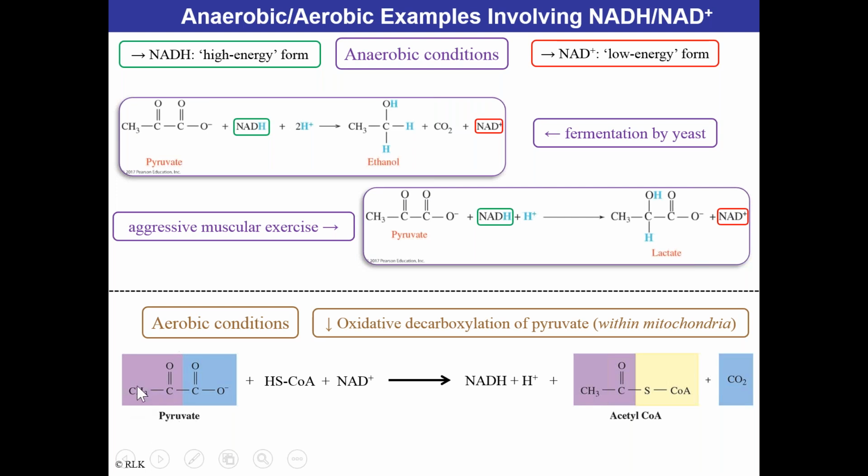The acetyl group is actually derived from part of the pyruvate molecule. So part of that splits, and it reacts with the coenzyme A to form acetyl coenzyme A. In addition, you're also going to liberate some carbon dioxide and NADH. The high energy form is going to be produced from that NAD plus low energy form. So these are just all examples.